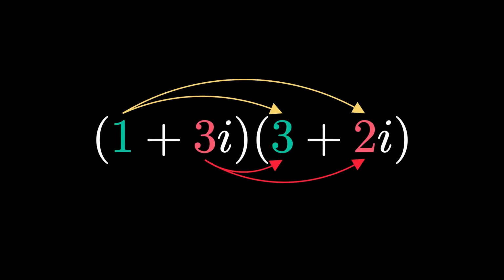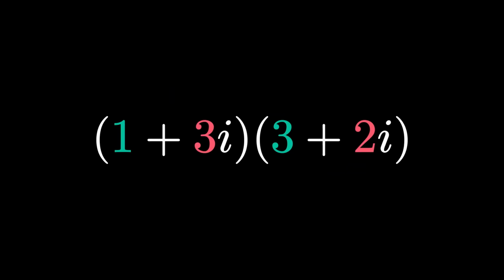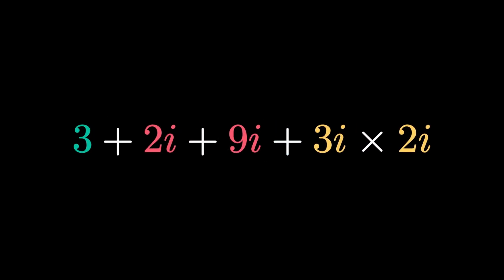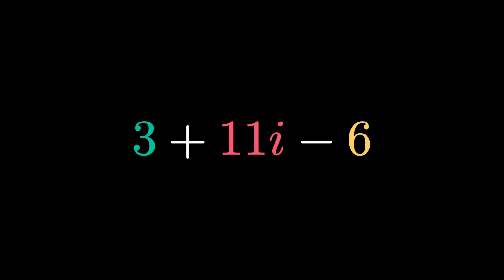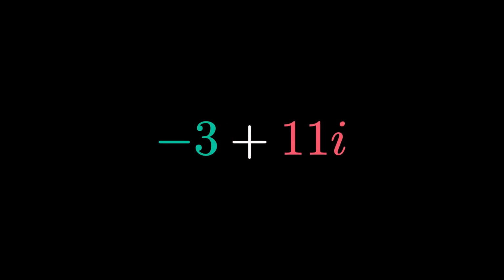And remember, i squared, or i times i, is equal to -1. So once we've expanded the brackets, we have to keep an eye: 3i times 2i equals -6. So we have 3 plus 11i minus 6, which is equal to -3 plus 11i.